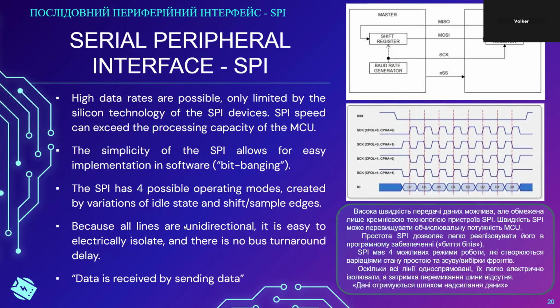The simplicity of the SPI, of the serial peripheral interface, allows for easy implementation in software. That is the next thing. If you're designing a circuit, a board, with a microcontroller, the microcontroller has a pin out that allows for different types of signals on its pins.